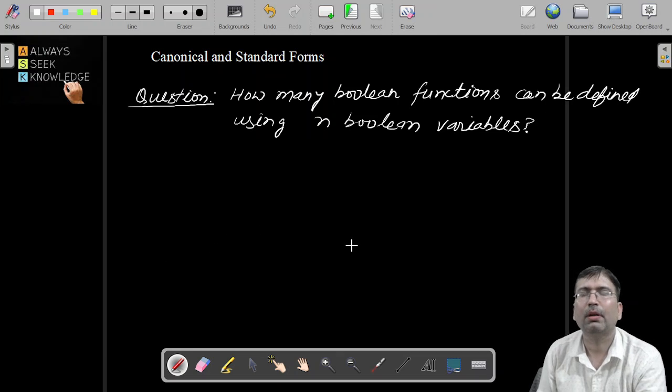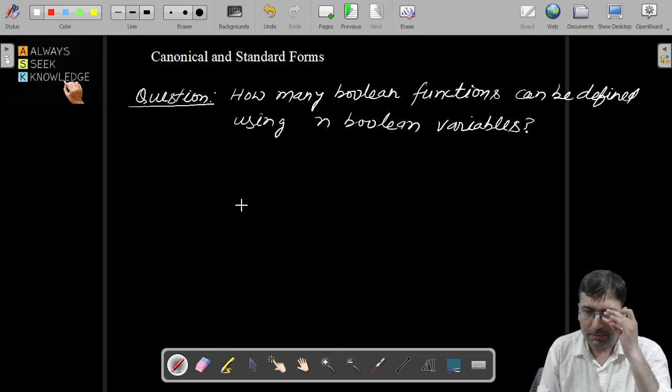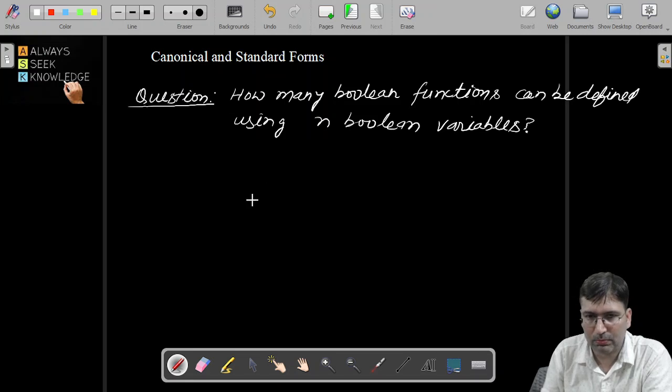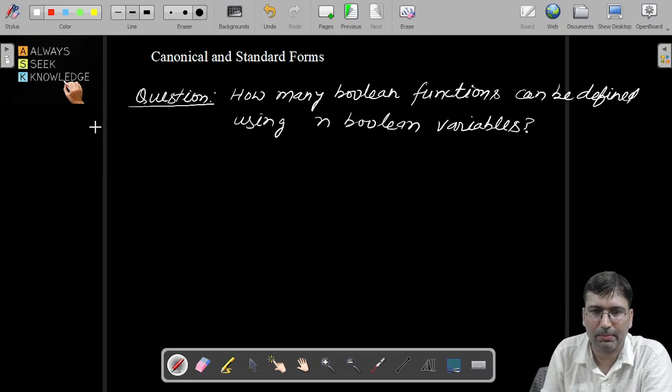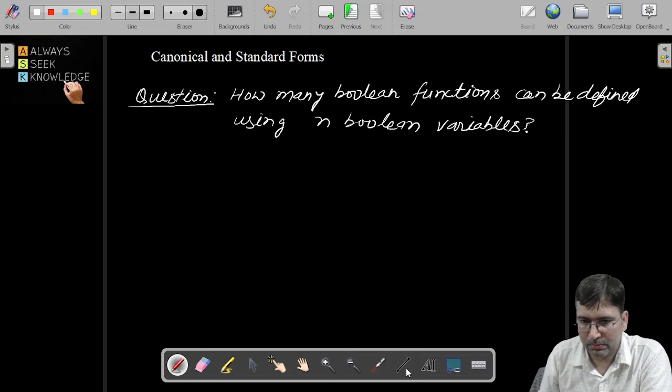Question mark. So if this is the question, let's try to understand how we define the Boolean functions based on the given Boolean variables.